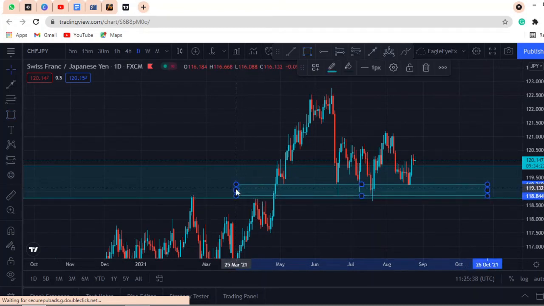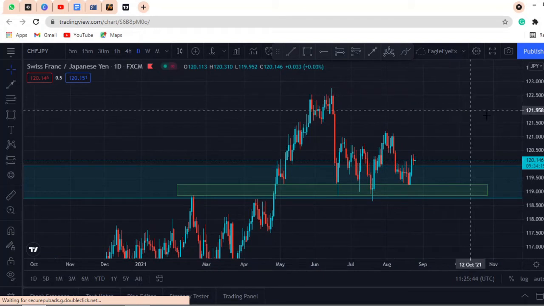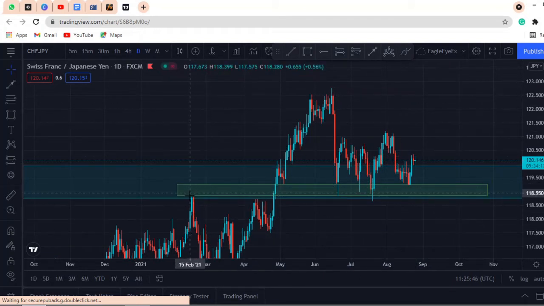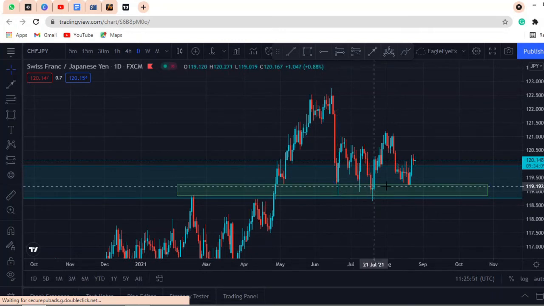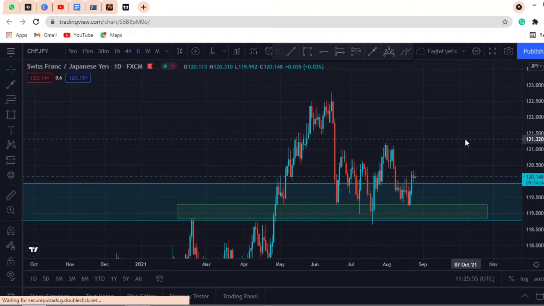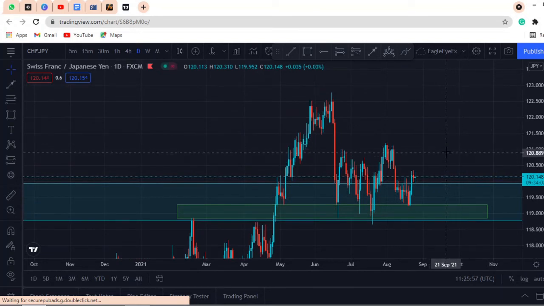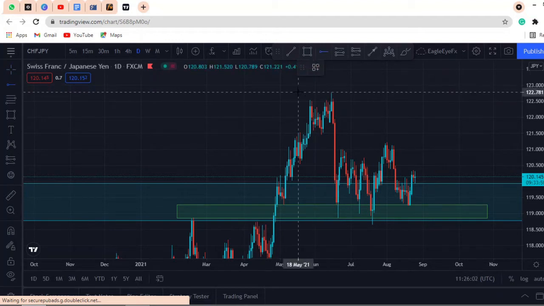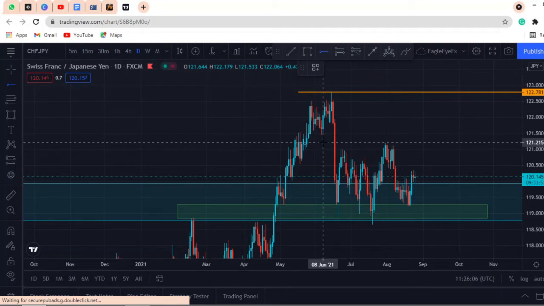Maybe change the color so you can be able to see. Okay, so you see resistance here, resistance, break, support. We just come to look for support here. All right, then you see this area here, some areas here. You can mark this area there. You can also mark another area up there like that.